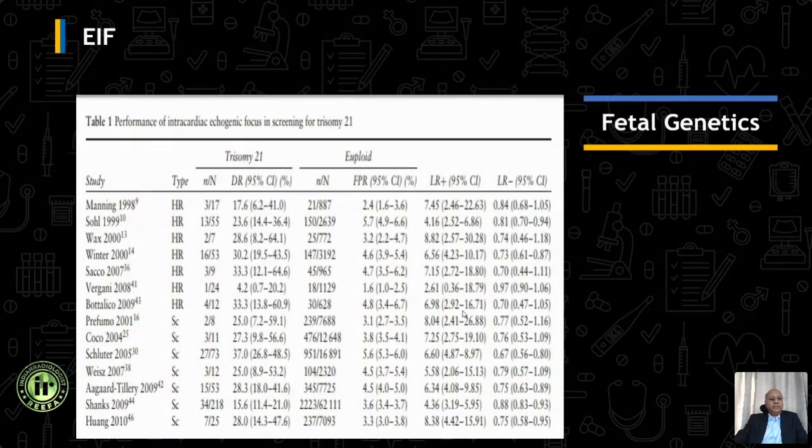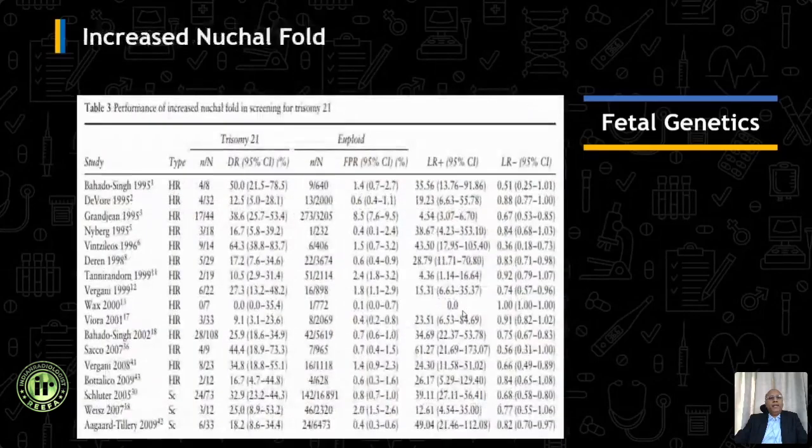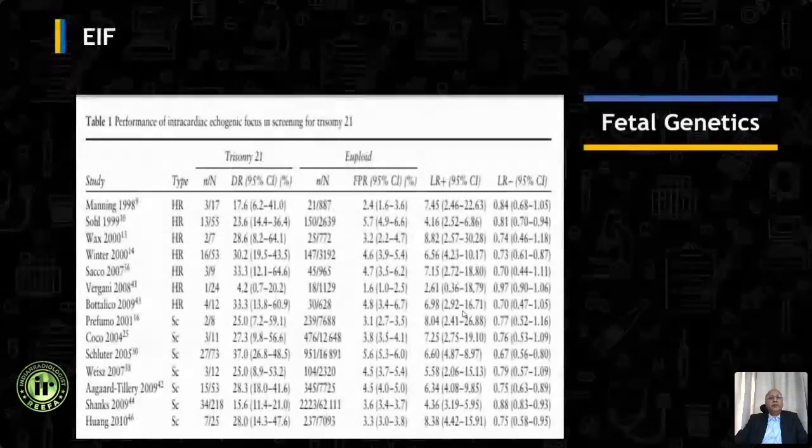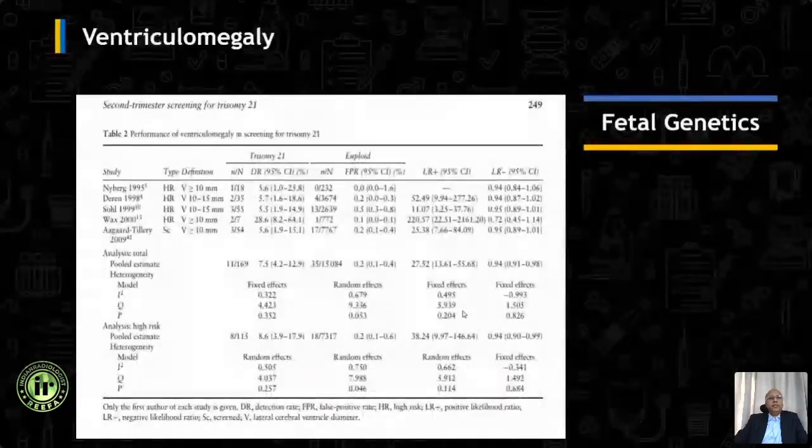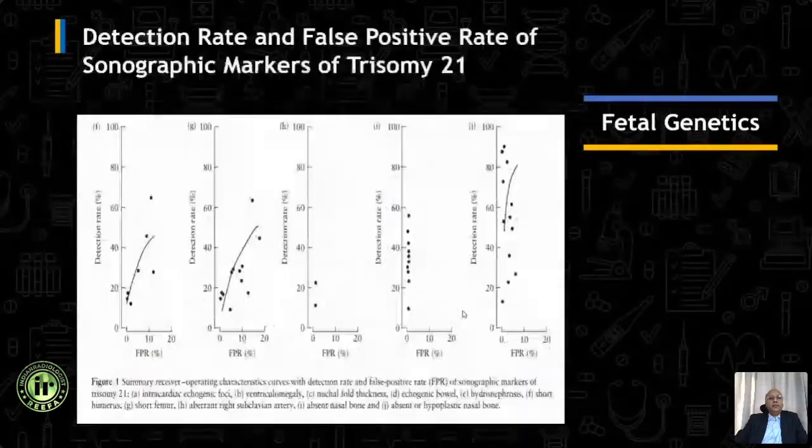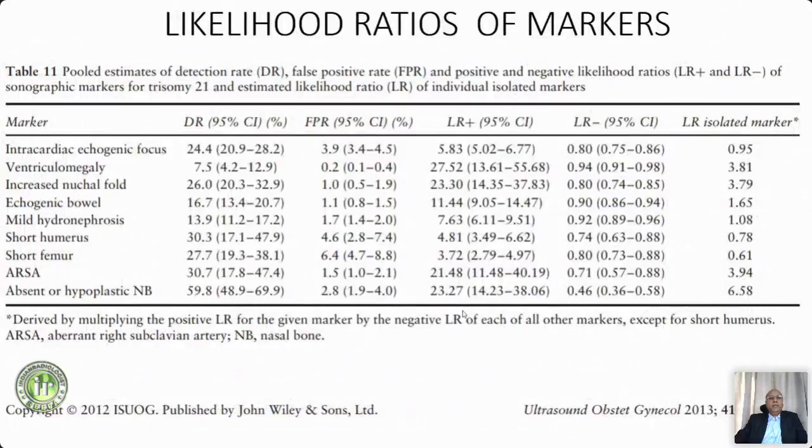Findings from almost 15 to 20 studies of these markers have been collated, including echogenic focus, ventriculomegaly, increased nuchal fold, etc. All the markers have been collated, and they have arrived at detection rates, false positive rate, positive likelihood ratio, negative likelihood ratio, and likelihood ratio when there is an isolated marker.